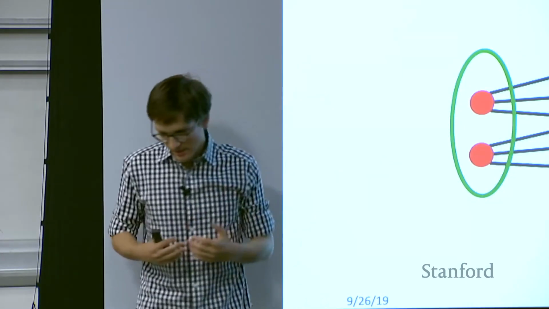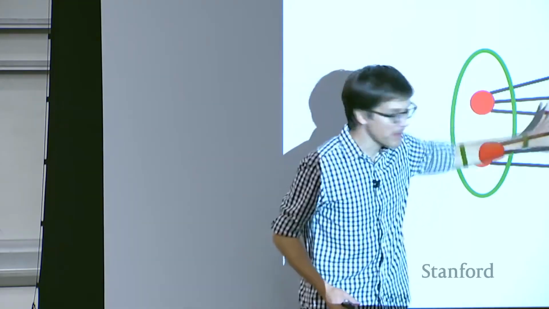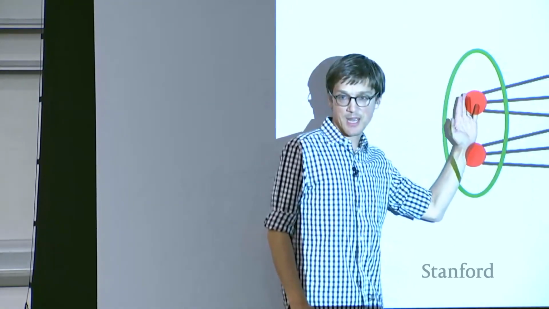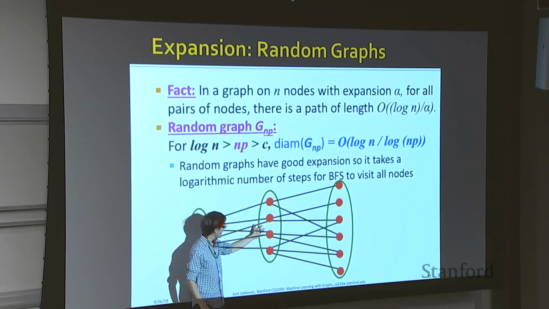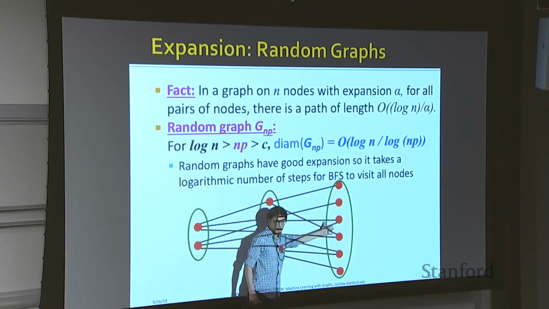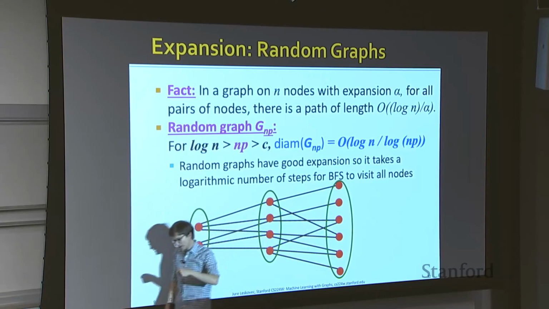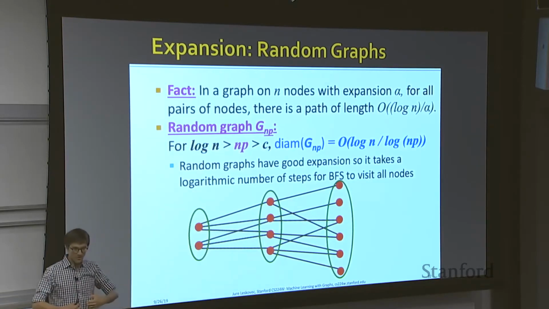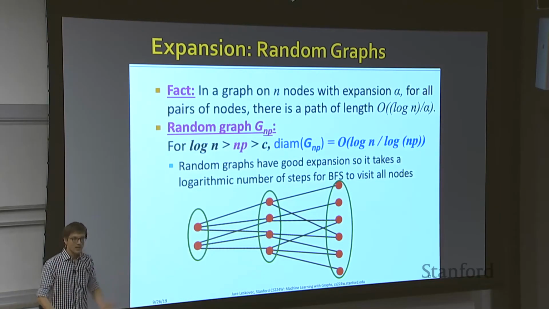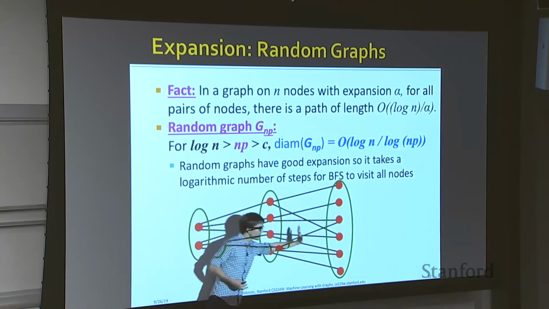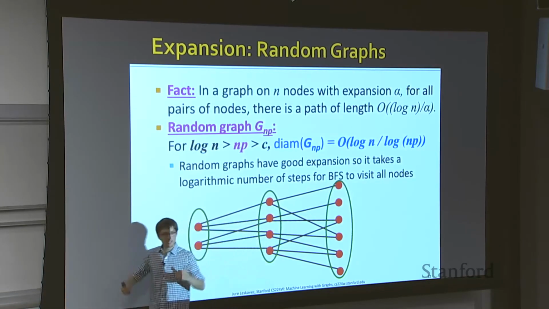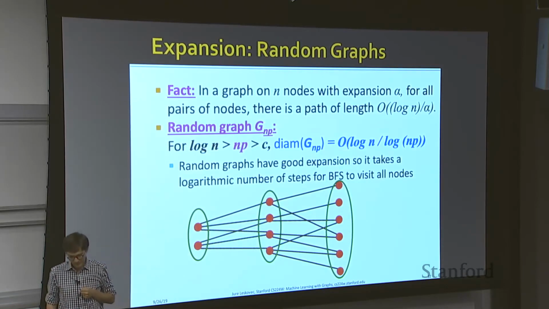Because if you have some expansion, then when you start with a single node, you expand to some number of nodes, and then you again expand to the next number of nodes. If at every step the number of nodes I see increases by a factor of alpha, it will take me a logarithmic number of steps before I visit all the nodes in the graph, right?